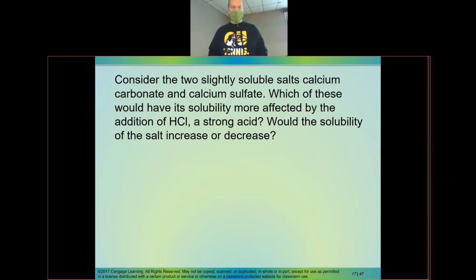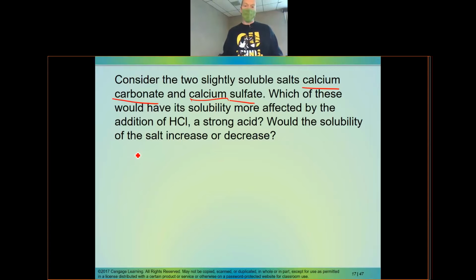All right, so if you have a question with calcium carbonate versus calcium sulfate, this one's a little more complicated because carbonate comes from a diprotic acid.